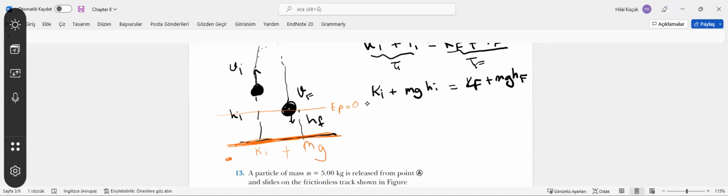I have to care about this part, isn't it? Can I say this one is h final, this part is h initial. To calculate this part, say this is hi. Can I say hi minus h final?